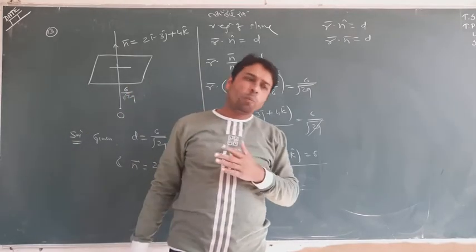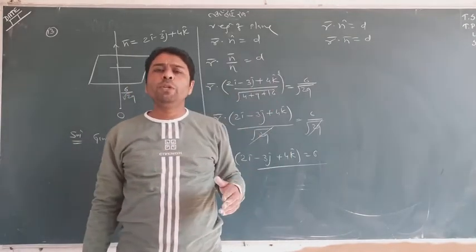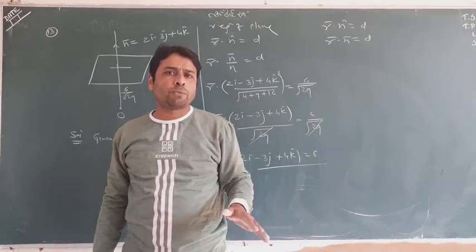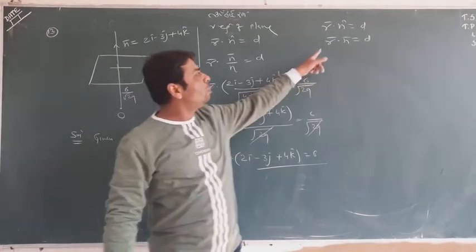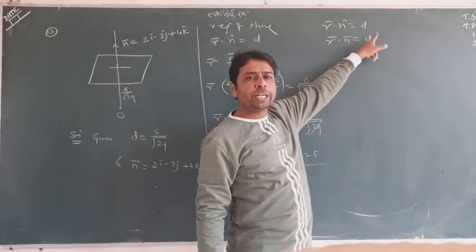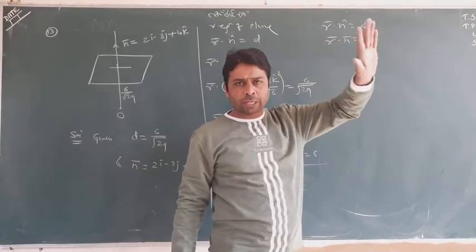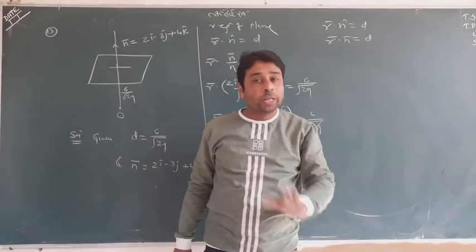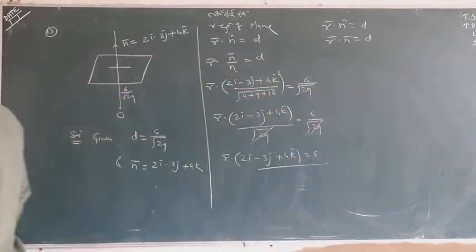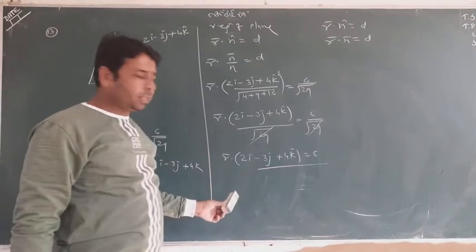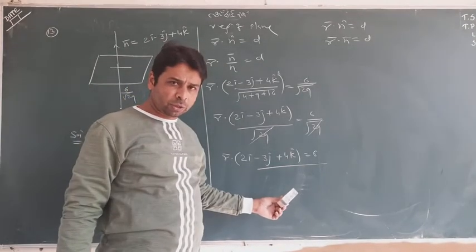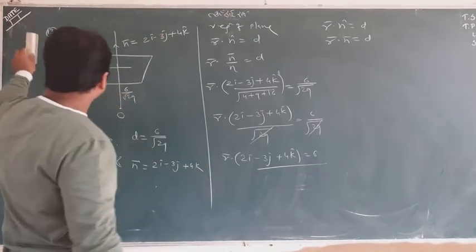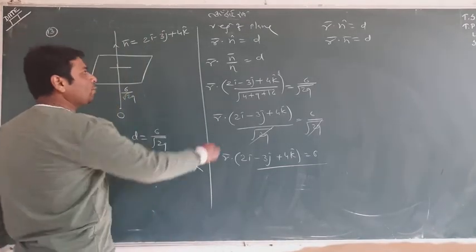So whatever formula of the plane you use, lastly you will get the general form. Don't worry about that. Lastly you will get r dot n equal to d dash, whatever you want to call it, no matter, but that is a constant value. Students, hope you have got it. This is my answer. This formula is a restricted formula.